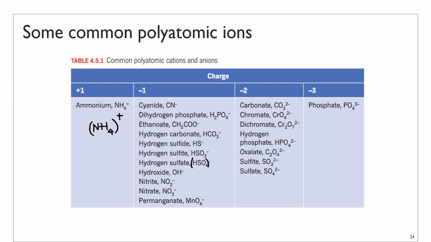Sometimes it's hard to distinguish between the number of atoms and the charge. For example, hydrogen sulfite, I don't particularly like this writing. I got this straight from the textbook, but I think the script could have been written a little bit better. So HSO3, and then the whole thing has a charge of 1 minus. That's basically what it is.